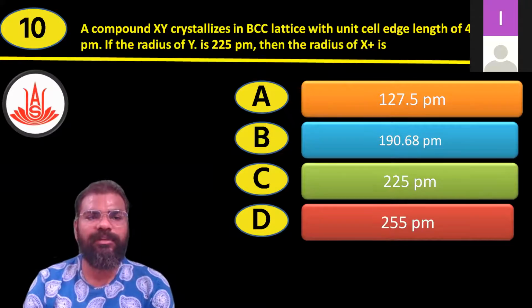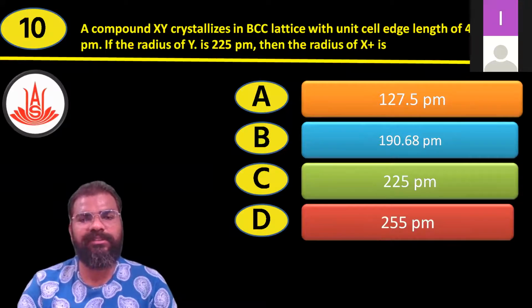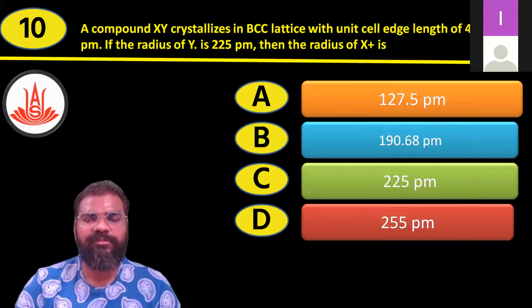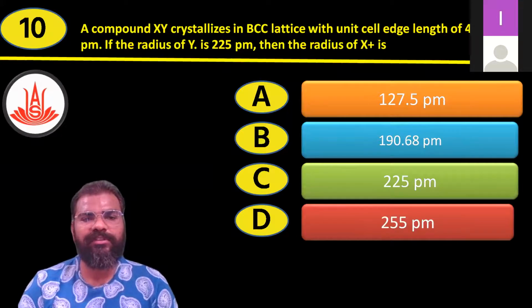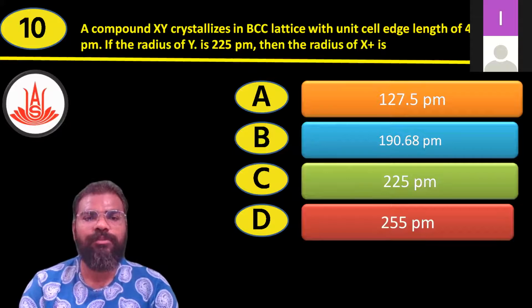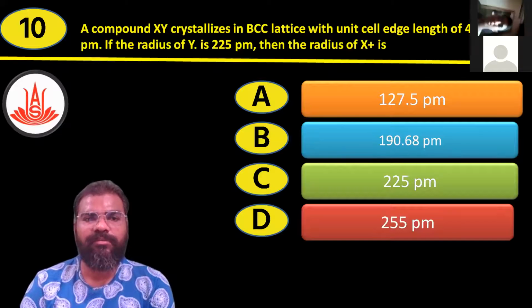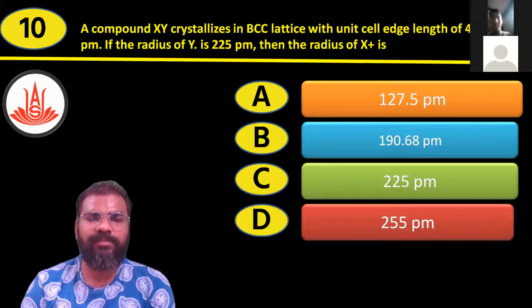Next question: a compound XY crystallizes in a BCC lattice with unit cell edge length of 480 picometer. The radius of Y minus is 225 picometer, they have given. Then the radius of X plus is. The Y ion's radius they have given, that is 225 picometer.